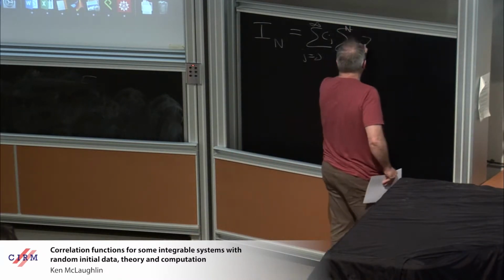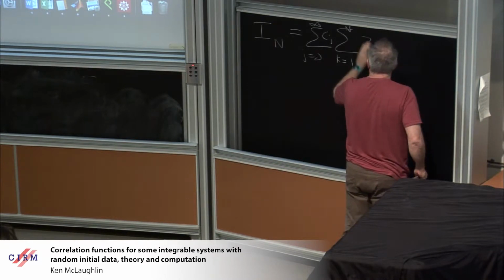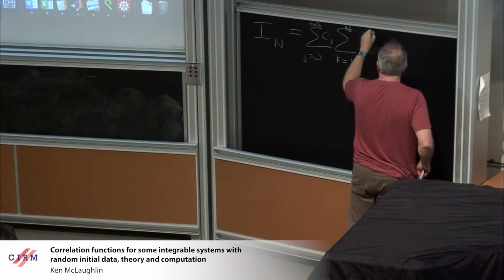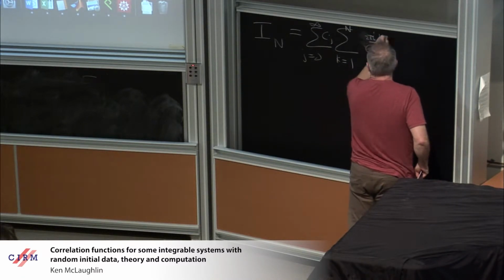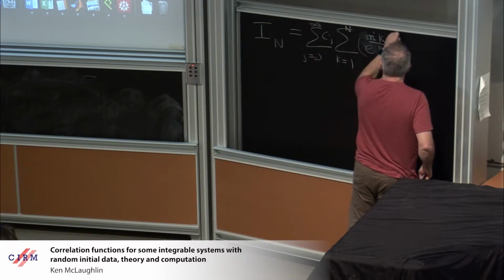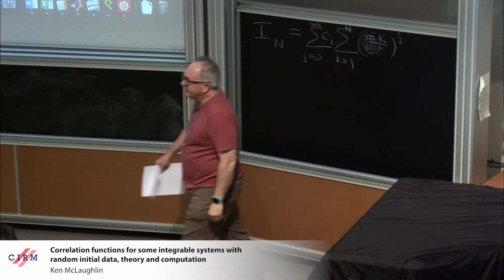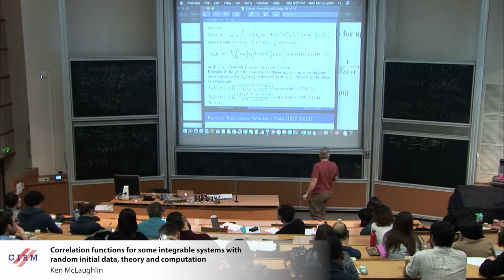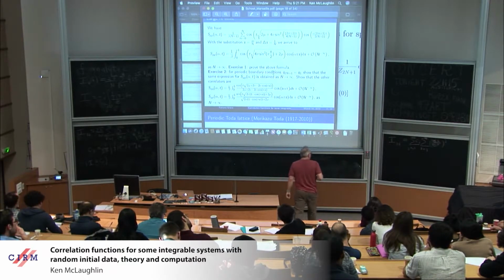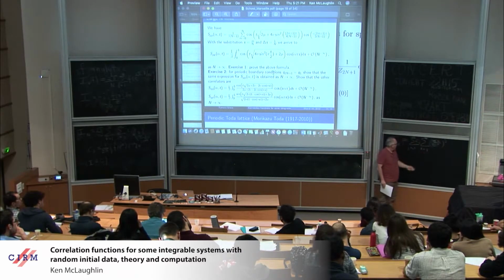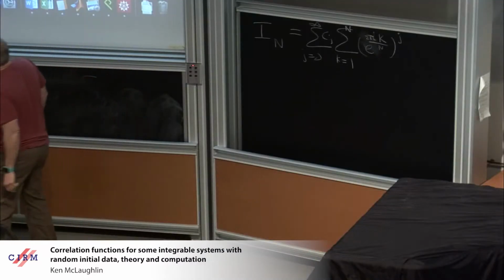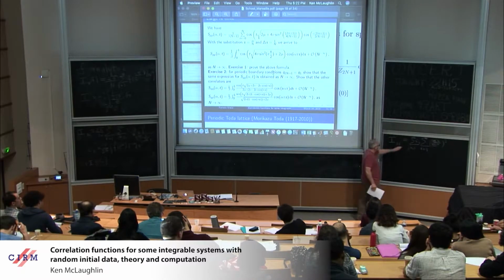And then it's z_k, so I should write it out: e to the 2 pi i k over n, to the power j. Okay? So if j is a multiple of capital N, then this series is just capital N. I must be missing some prefactor. Yeah, 2 pi over n, sorry.